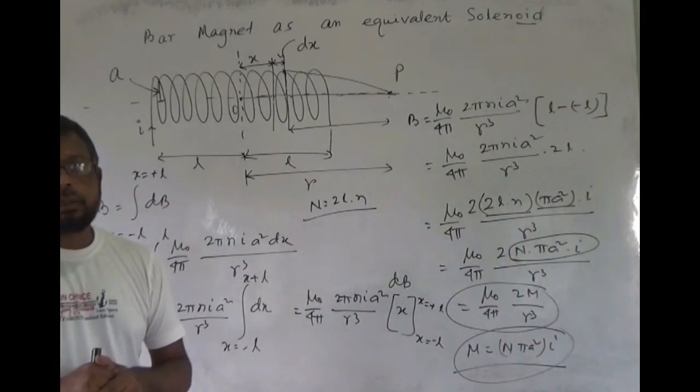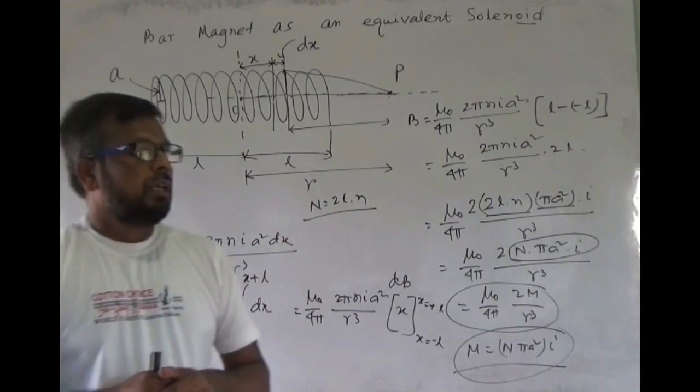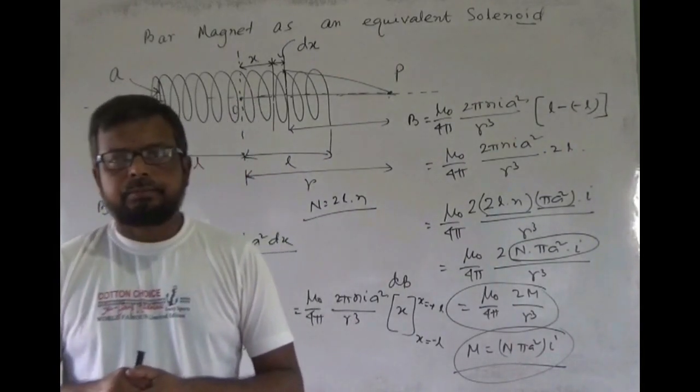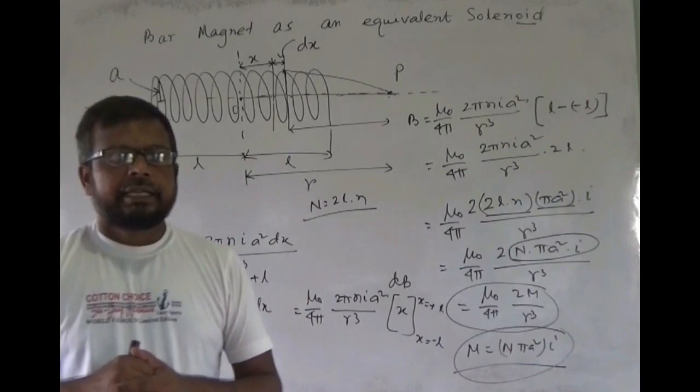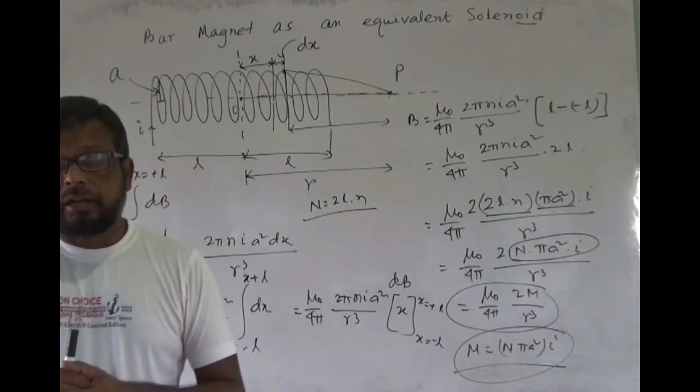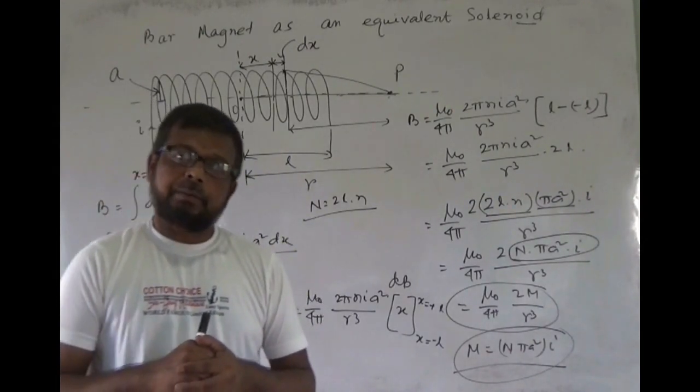From here we can say that a long solenoid can be considered as a bar magnet.